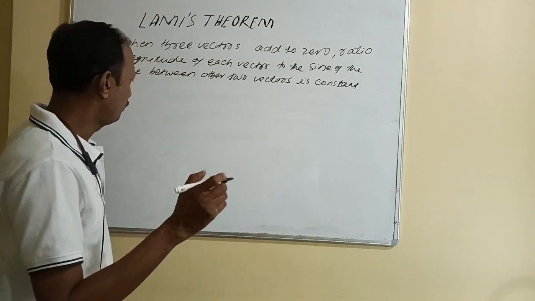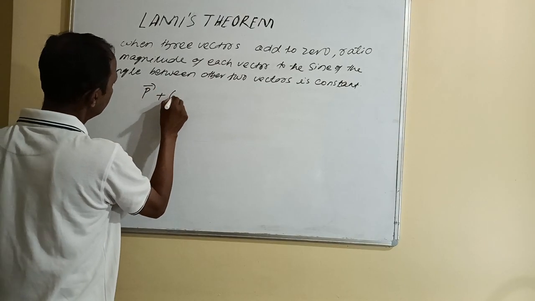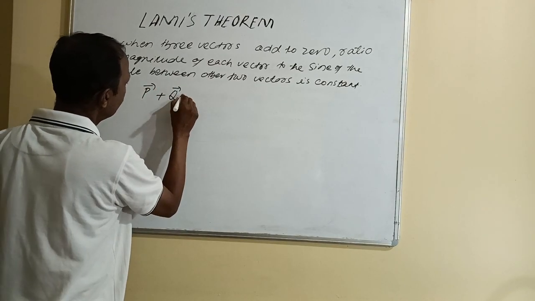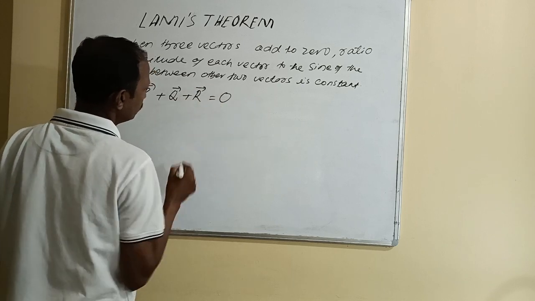It means suppose P is a vector, Q is a vector and R is a vector.